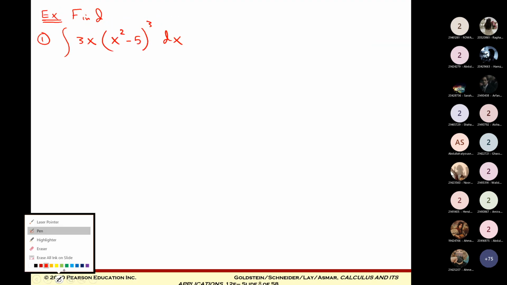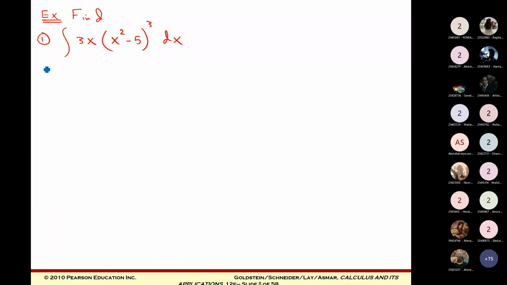Number 1. If we have an example like this, we can see the derivative of what is inside the brackets equals x, so we find x outside the brackets. So we must use integration by substitution. Now we need to suppose u equals what?